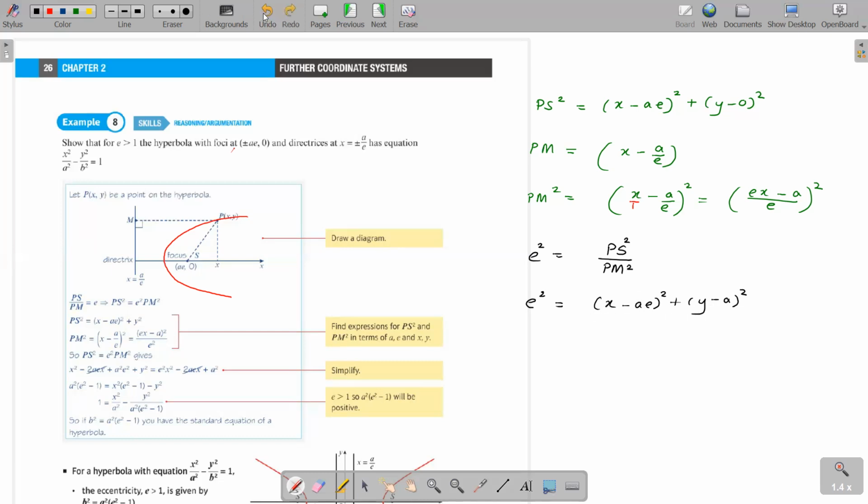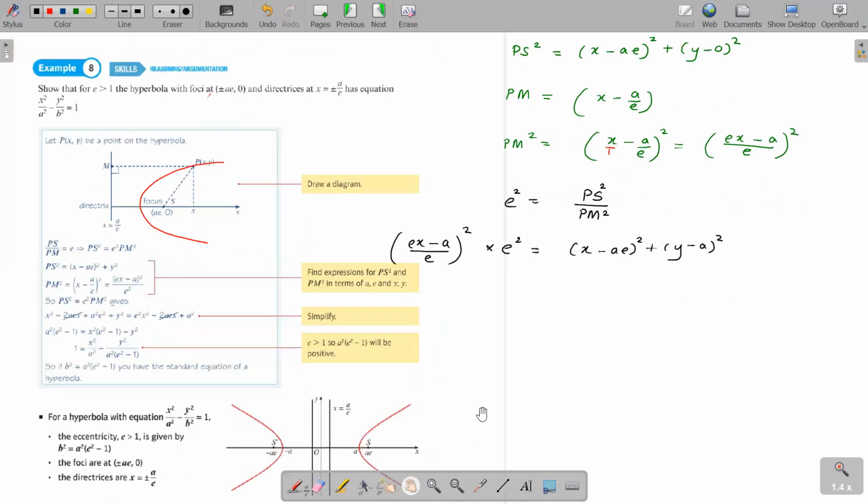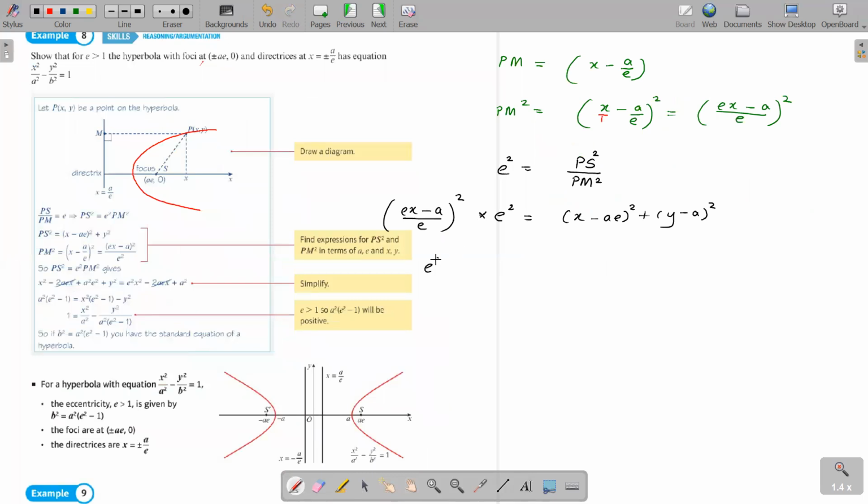Shall I take the PM squared to the other side? I took the PM squared to the other side. What did I do wrong? It is y minus 0 squared, just y squared. So we have ex minus a whole squared over e squared, times e squared.